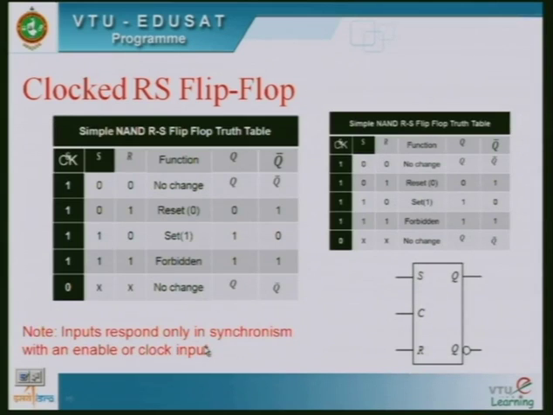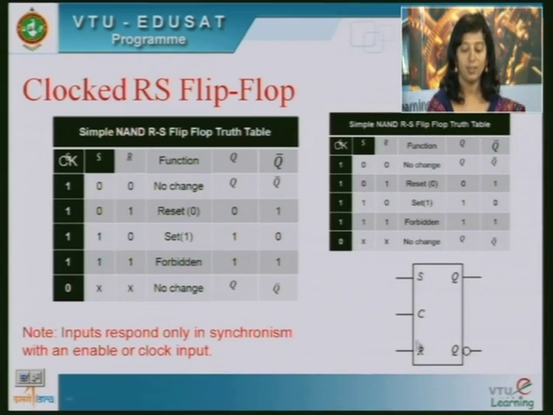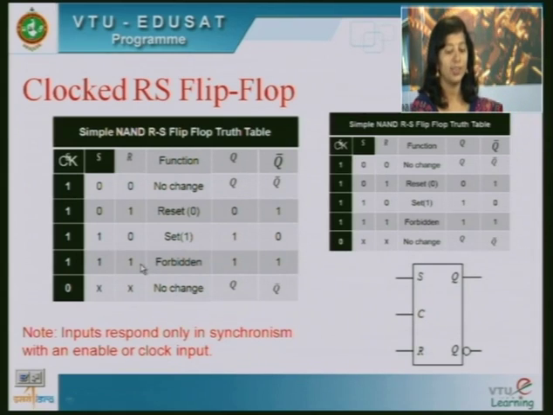In a clocked RS flip flop, the final truth table we need to analyze is for S and R, a simple NAND RS flip flop, the truth table is as shown. You have a clock signal here, the bigger one you can see.